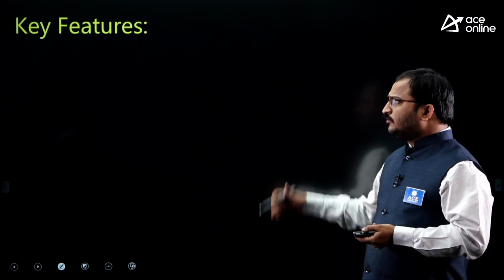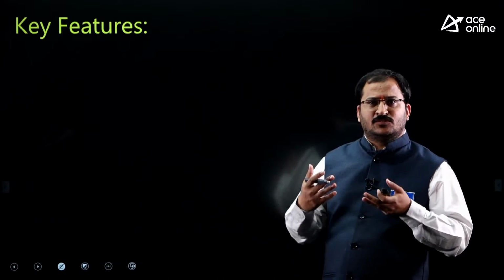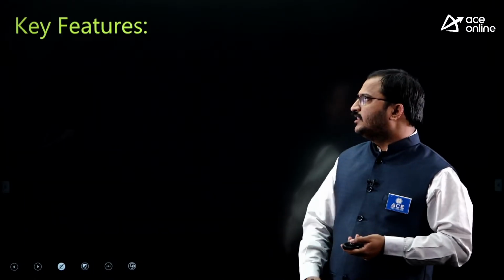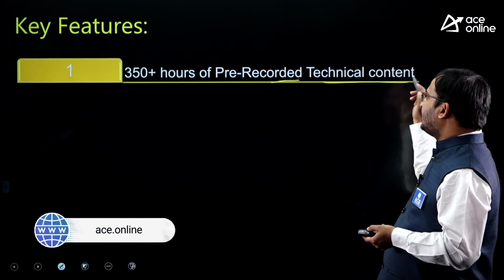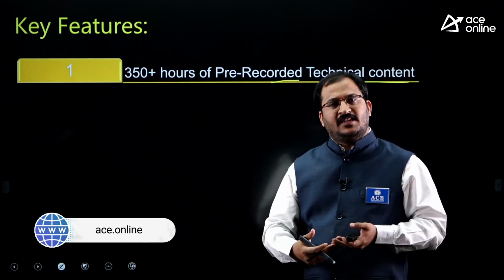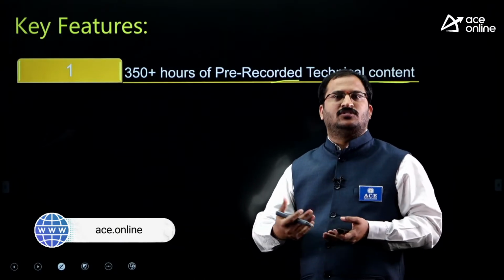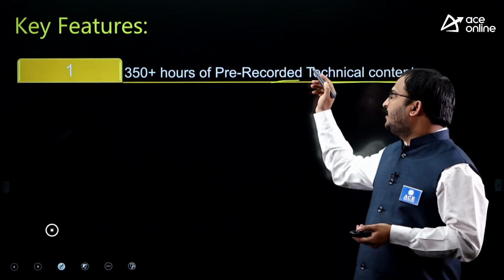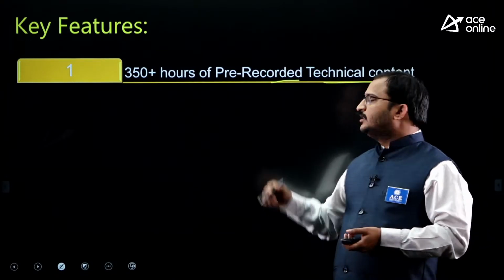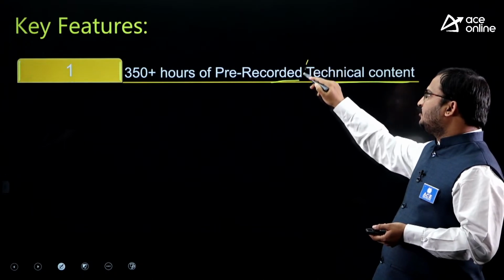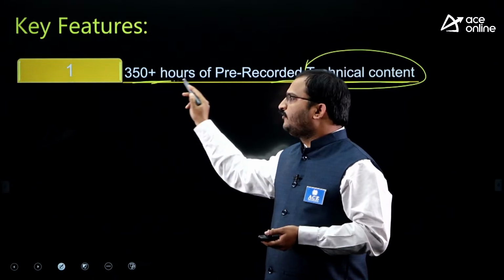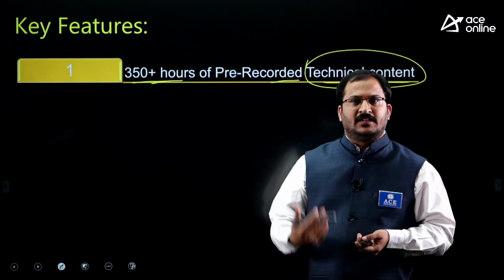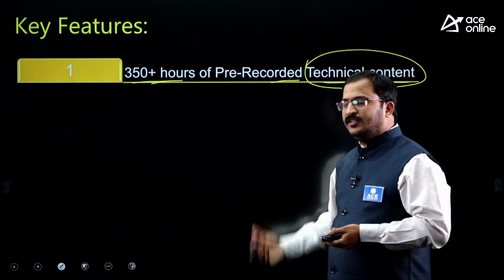So what are the key features of this particular course that was designed? I'll just show them. The first thing is 350 hours of pre-recorded technical content. See, SSC JE has technical as well as general awareness. In this SSC JE Mechanical Engineering course, only technical content is uploaded, and that too 350 plus hours of content can be seen by the students.